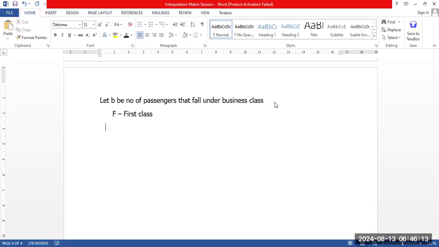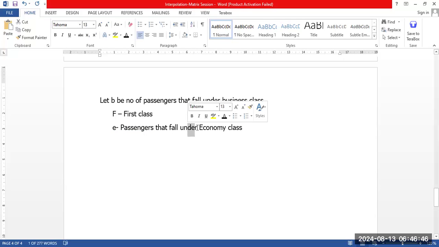Then E, this is not C, this is E, passengers under economy class. This is the number of passengers that fall under first class.